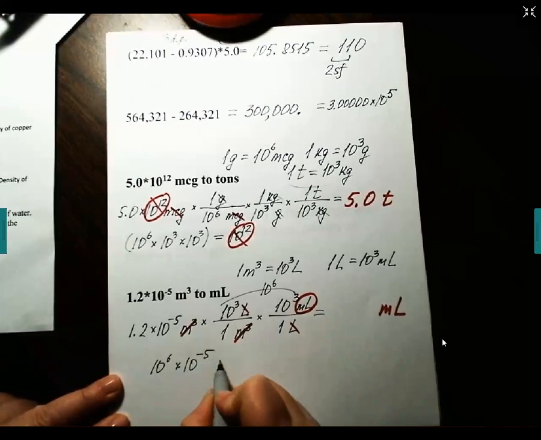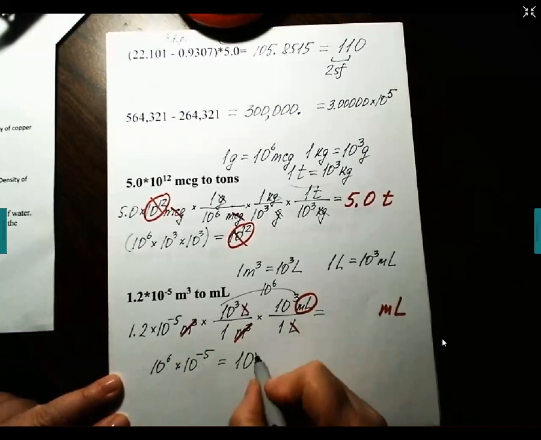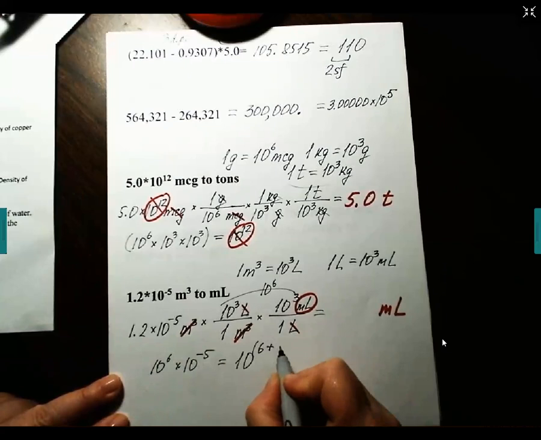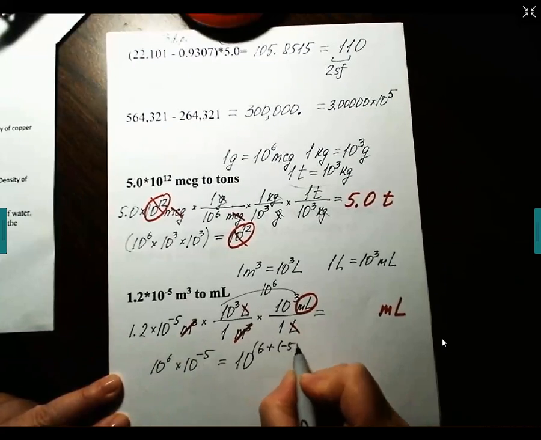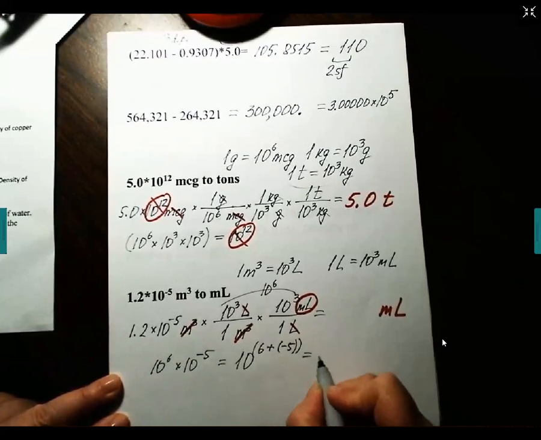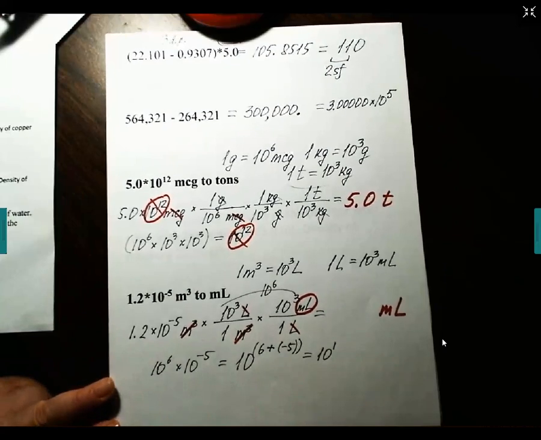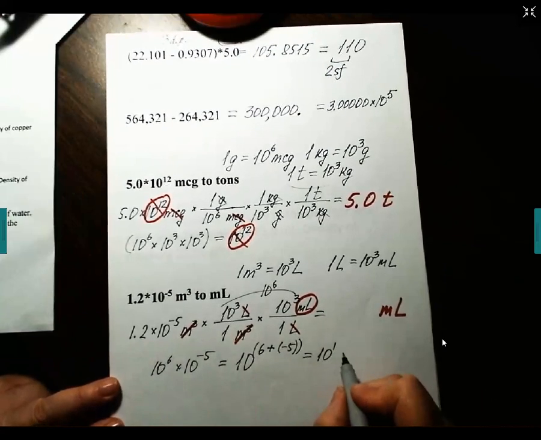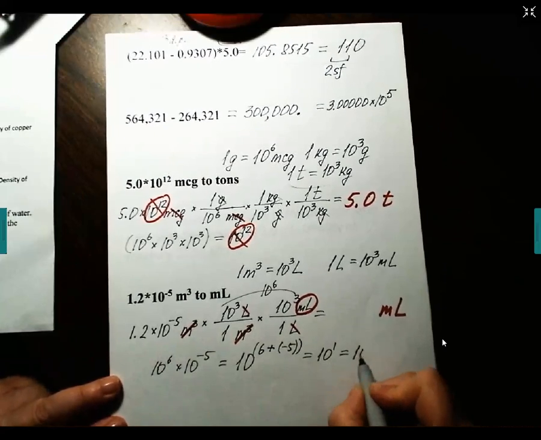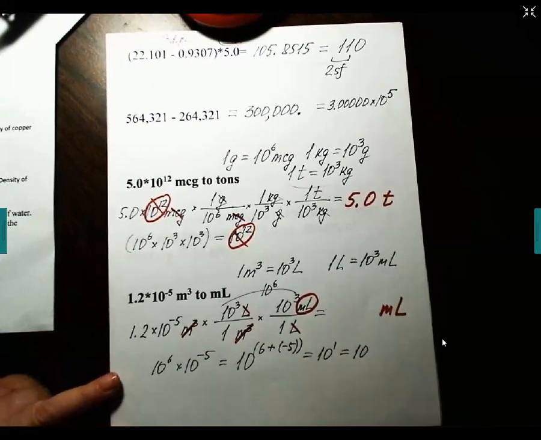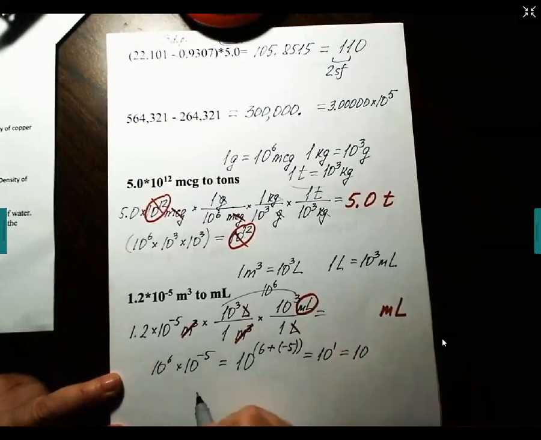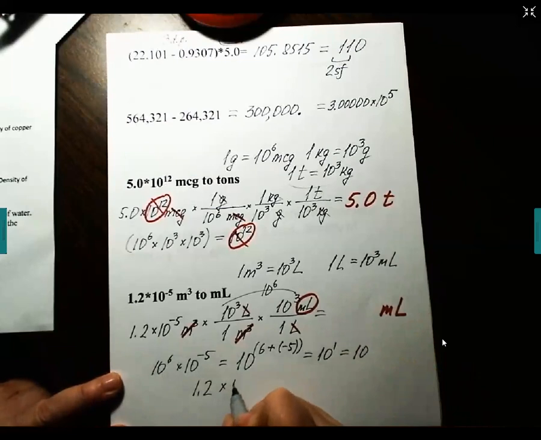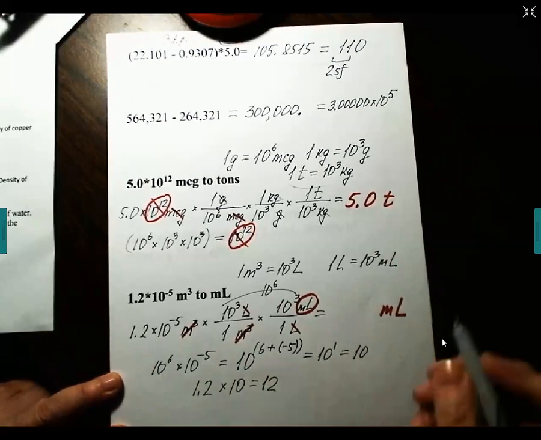So we need to do operation with exponents. 6 plus negative 5 will give us 10 to the power of 1, which is just 10. So it will be 1.2 times 10, it is 12.